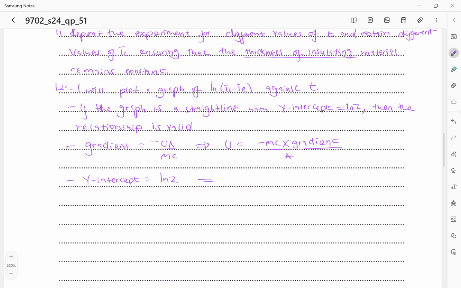And we said this implies that z is equal to e power of the y-intercept. That is still analysis. So this part of analysis carries almost 4 marks.